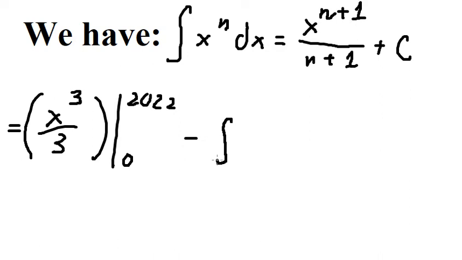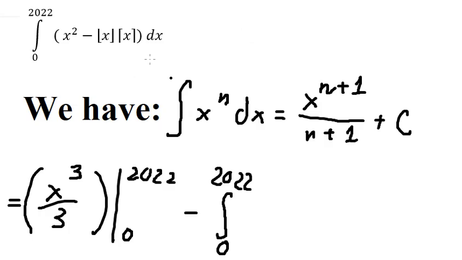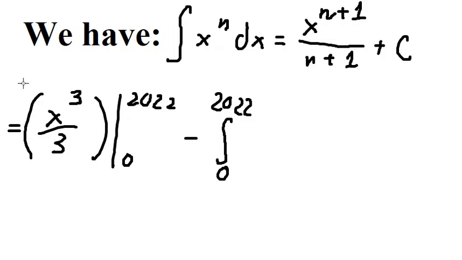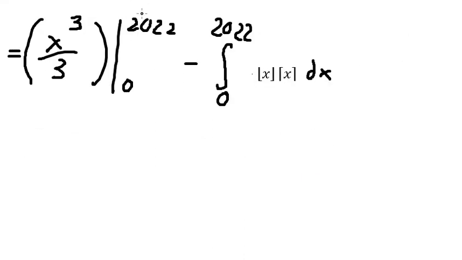minus the integration from 0 to 2022, and we have the step function I will put in here. So I will put 2022 on here, number 0 on here.